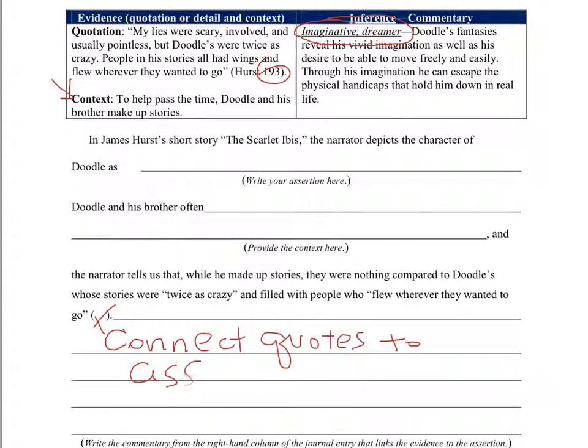You can look at the commentary in here for some ideas, but you probably don't have to. I think people flying wherever they want to go is plenty of evidence to show that Doodle is imaginative and a dreamer. When you're finished with this, move on to the next page.